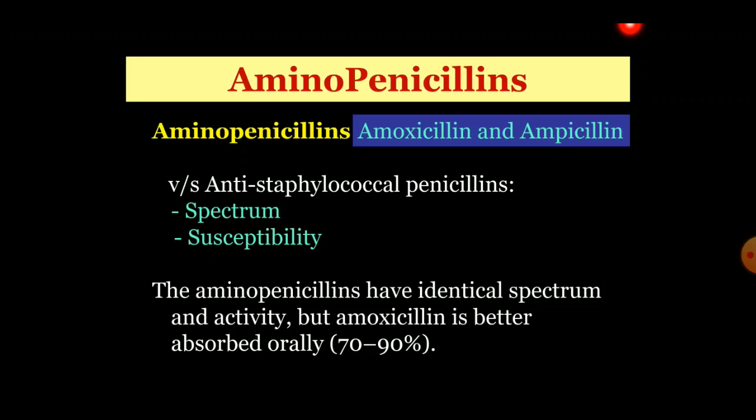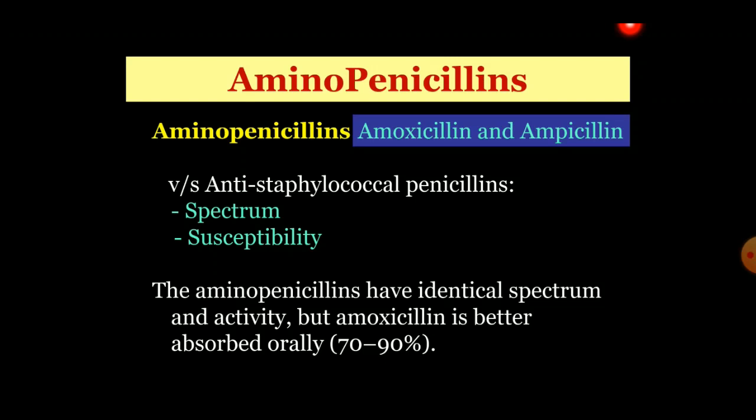And regarding their susceptibility, these aminopenicillins are pretty much susceptible. It is not like the penicillinase-resistant penicillins, so they are susceptible to all the bacteria which are responsible for synthesis of virulent enzymes like beta-lactamase.